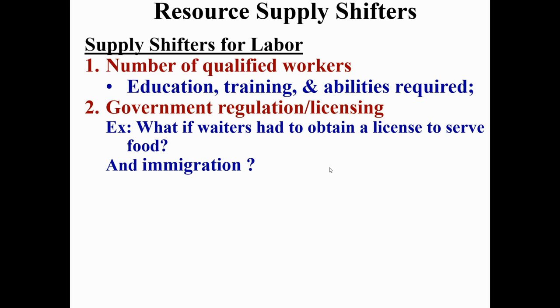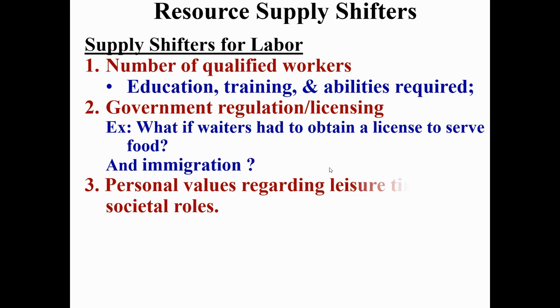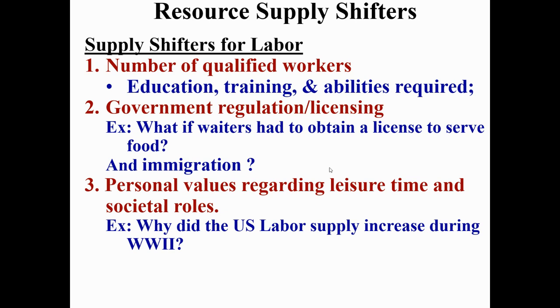We would have a supply shift, right, of labor. The supply would increase a lot because we would have more people able to work legally. Yes. Also, personal values regarding leisure time and societal roles. Why did the US labor supply increase during the Second World War?